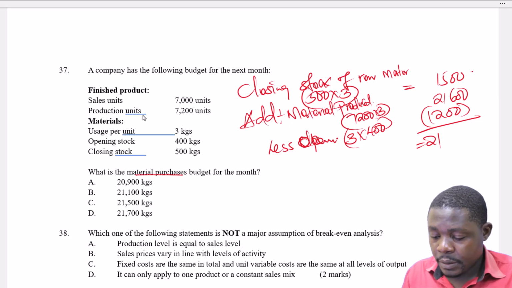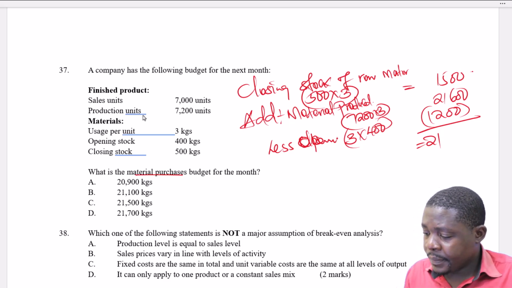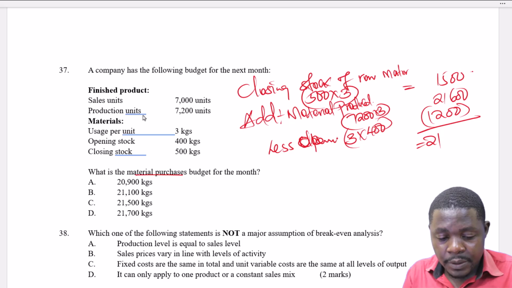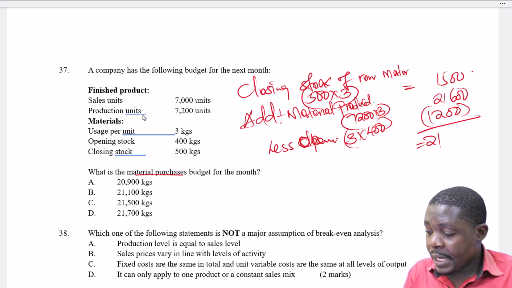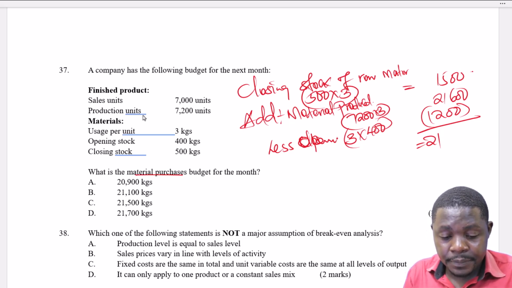Just a minute. No, it should be sales. That is 7,000 multiplied by 3. This one we are adding. This is plus 1,500 minus 1,200.